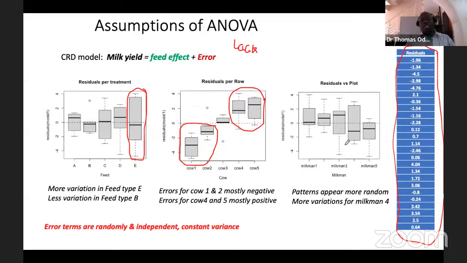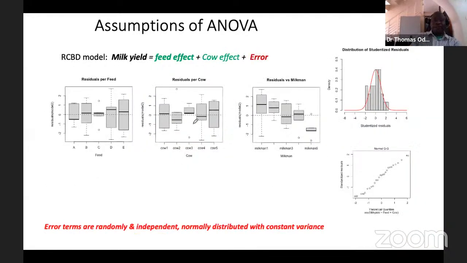The issue of constant variance seems to be an issue. The issue of independence is certainly affected here. You can see that your residual depends on the cow. For cow 1 and 2, your residuals are negative. For cow 4 and 5, your residuals are positive. And even cow 3 seems to be positive, okay?